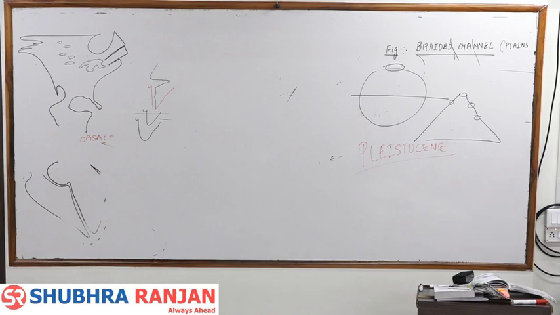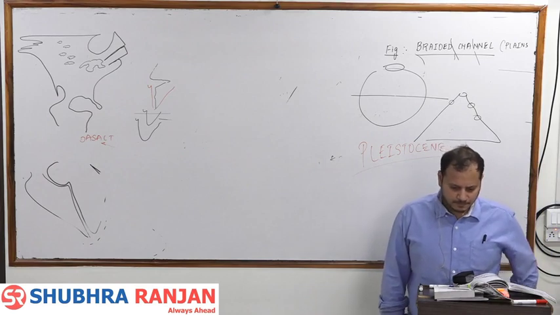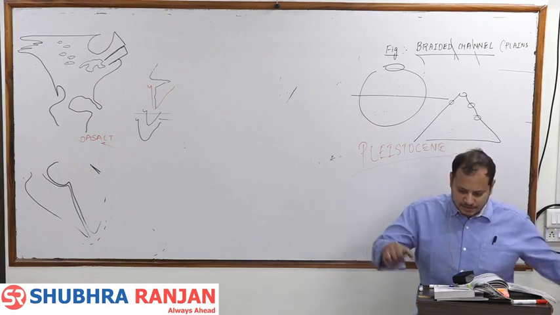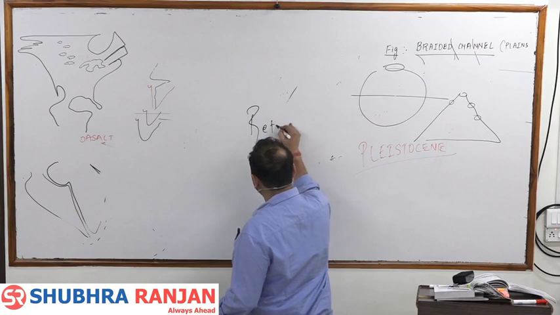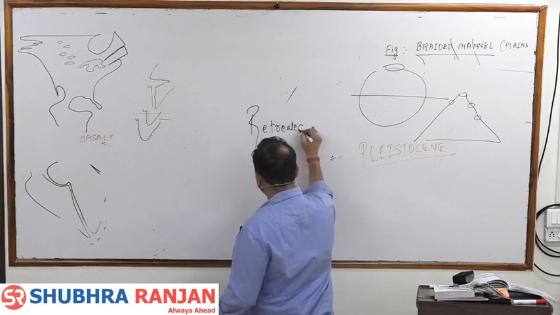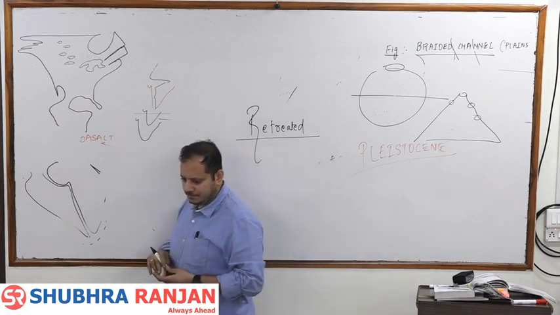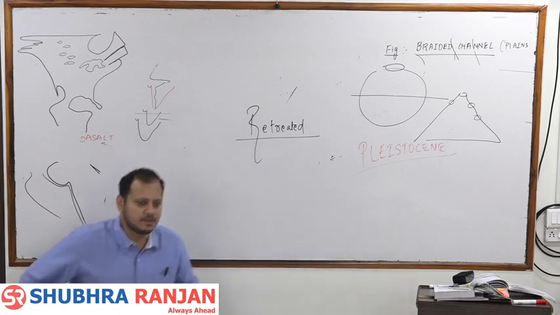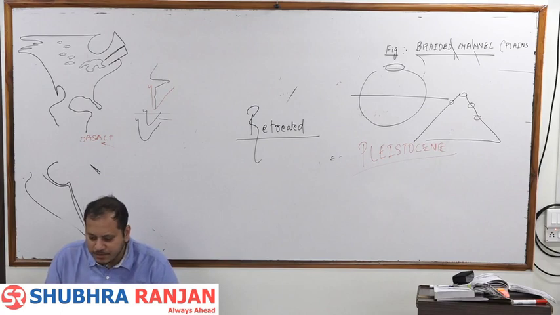After the Pleistocene, the majority of the glaciers retreated, which means they went back, and today they are found only in the polar regions.